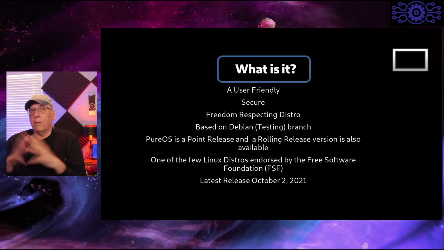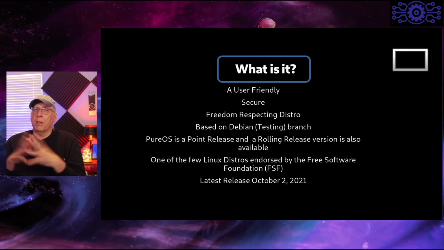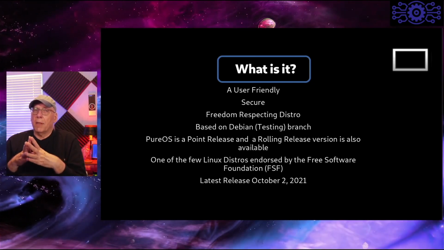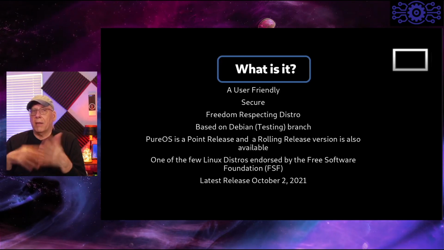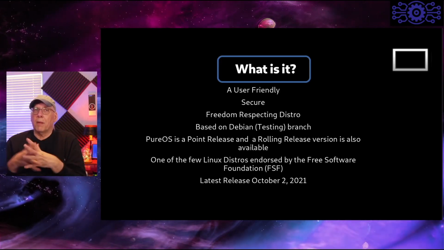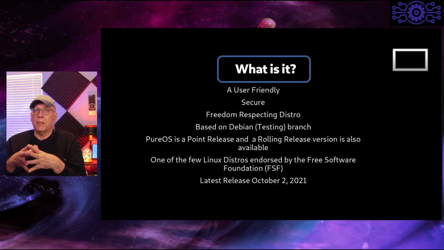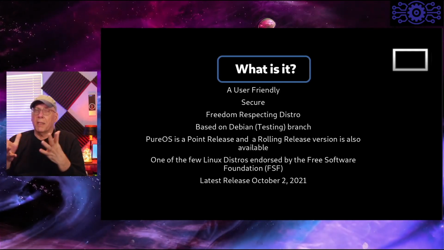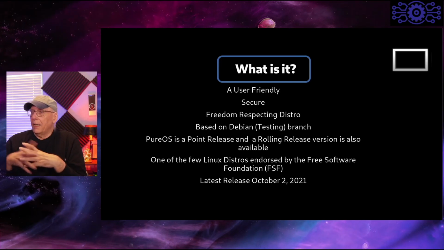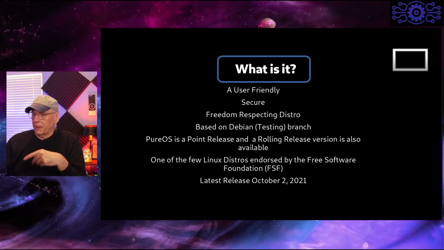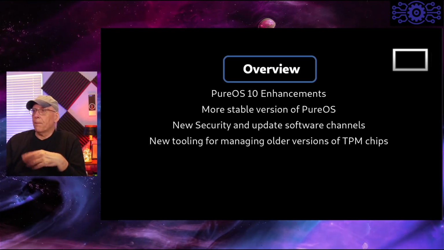And I know that they worked with Purism and the PureOS development team for quite some time in order to iron out all the problems that PureOS had, and the Free Software Foundation wanted to see before they would grant an endorsement, and they have. And the latest release, of course, is October the 2nd, 2021.